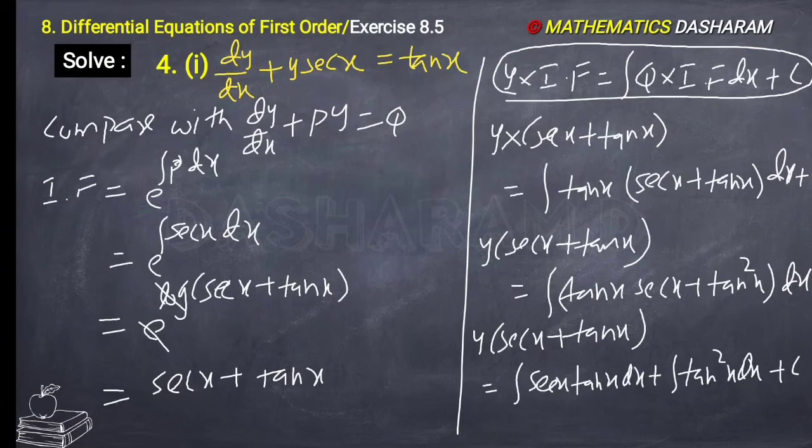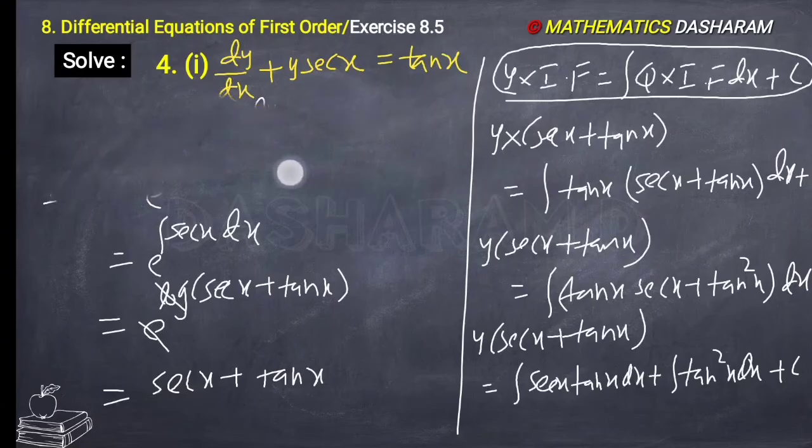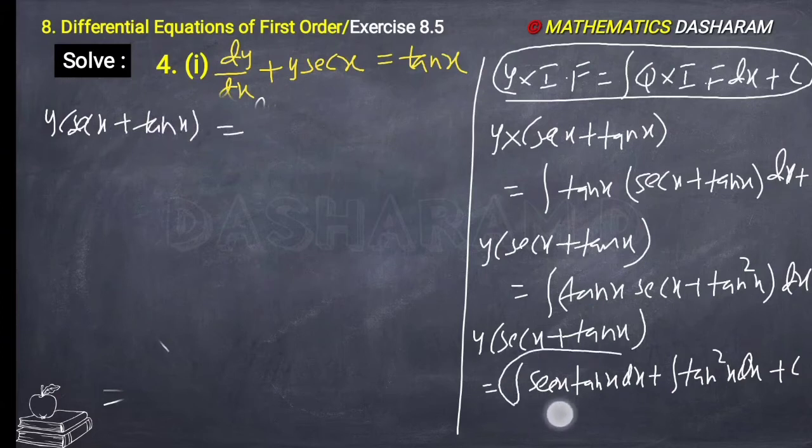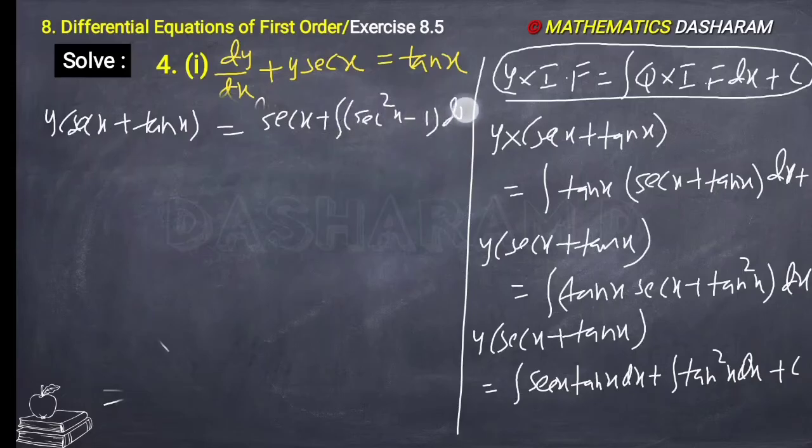So y into sec x plus tan x equals, our integration of sec x tan x dx is sec x plus integration tan square x, which we can write as secant square x minus 1 dx. Why? Because we have one identity, secant square x minus tan square x equals 1.